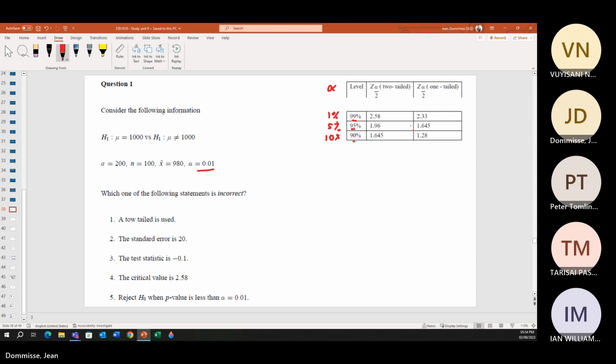Okay, so let's look at question 1. If we go back to step 1, let's look at the hypothesis. Here's a printing error. That should be H0. So H0: mu is equal to 1,000, and the alternative is not equal to 1,000. So is it one or two tail?